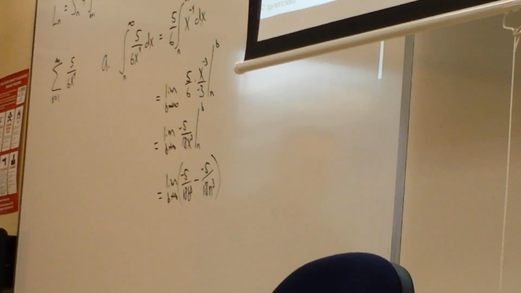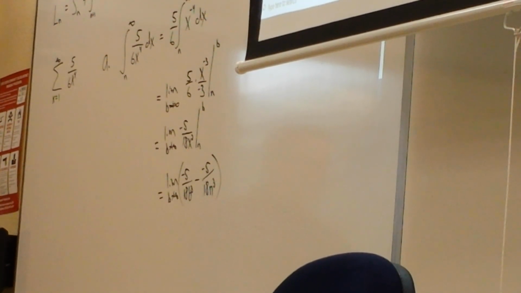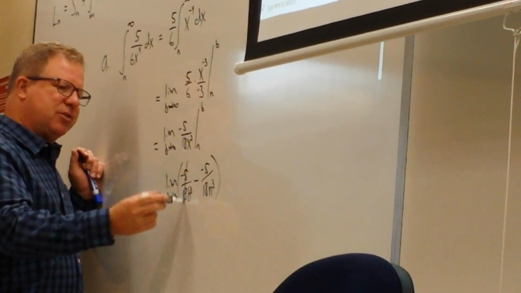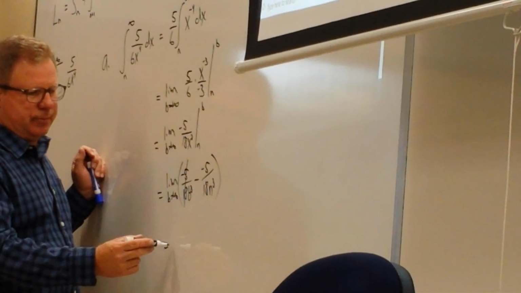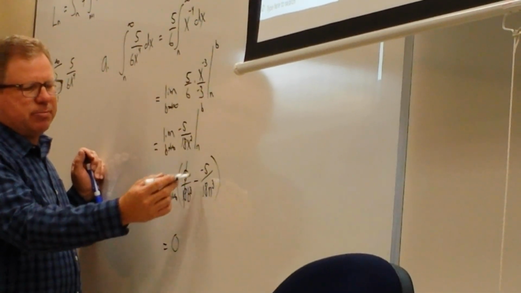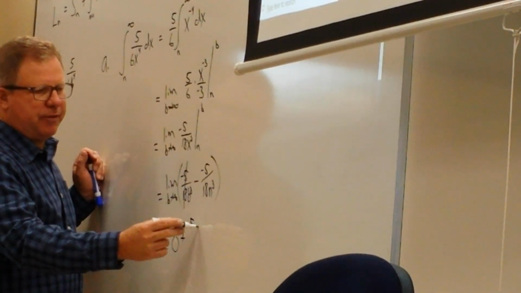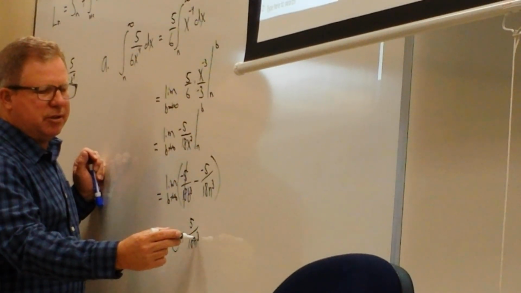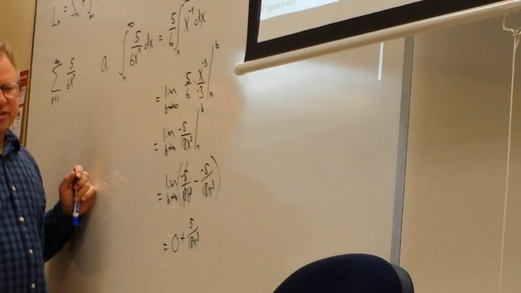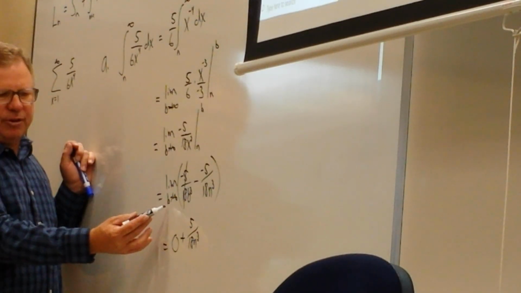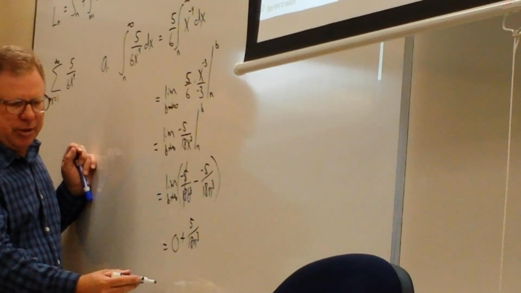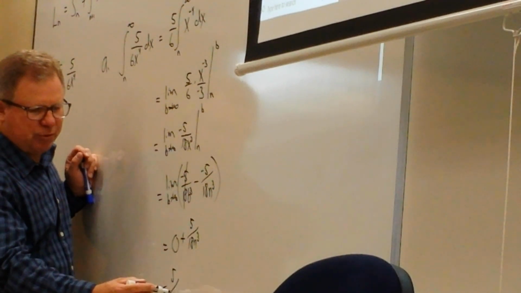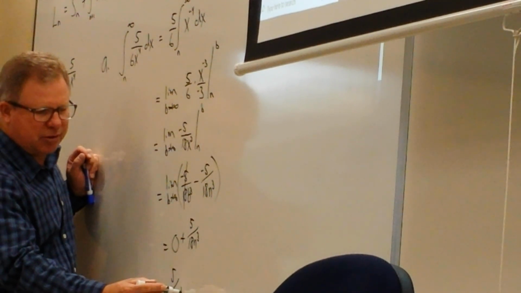What is going to infinity, n or b? B is. That means this goes to 0. Minus minus is plus 5. N is treated as a constant. B is the variable of the limit. So this simply equals 5/18 n to the third.